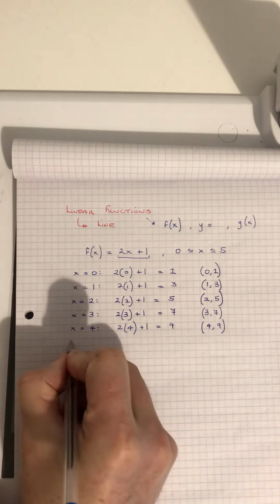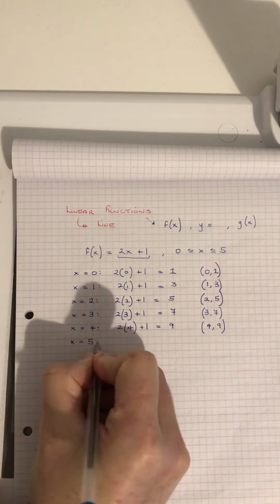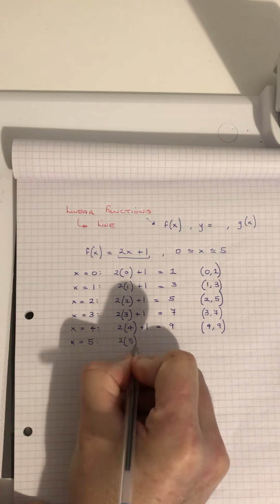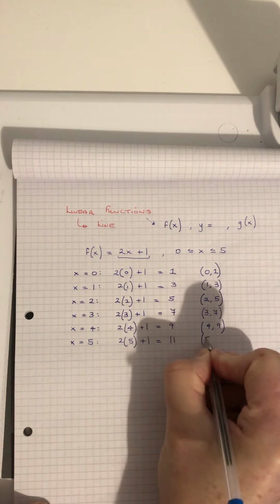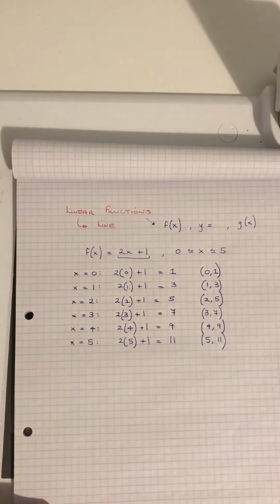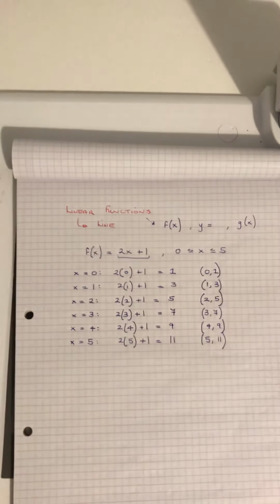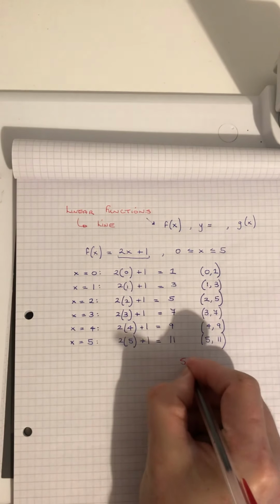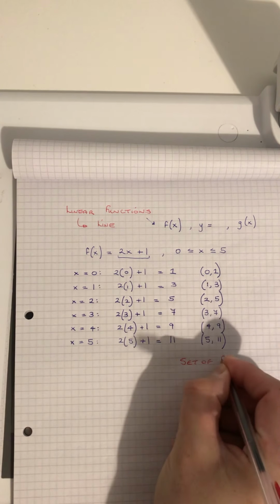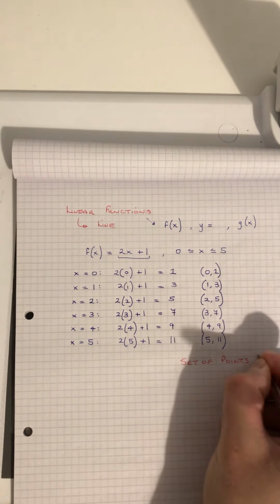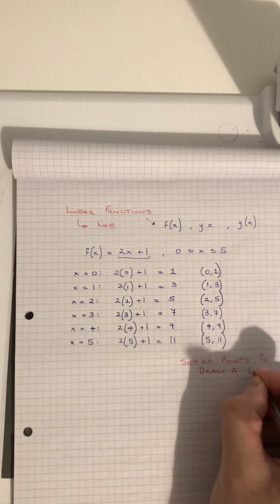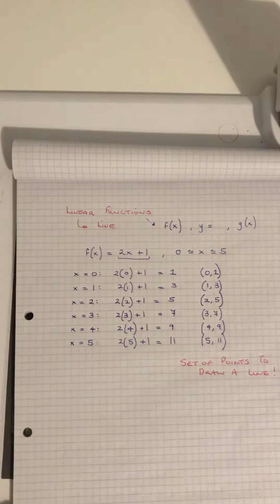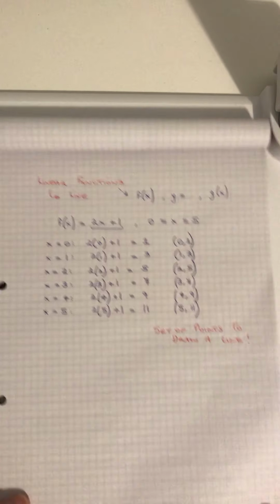And finally, when x is 5, 2 times 5 is 10, plus 1 is 11. So I'll put in 5 and get out 11. So this is what we call our set of points, our set of points to draw a line. So we're going to use those points to draw the line.